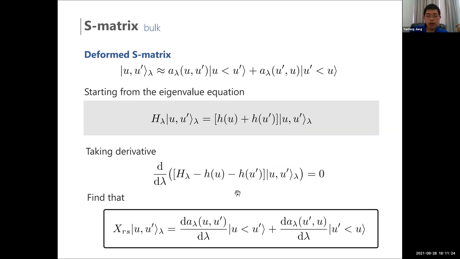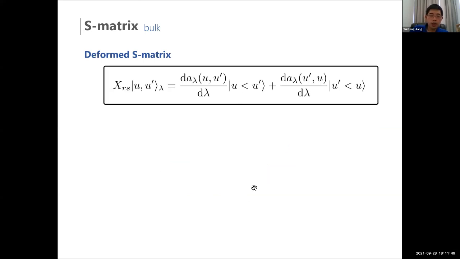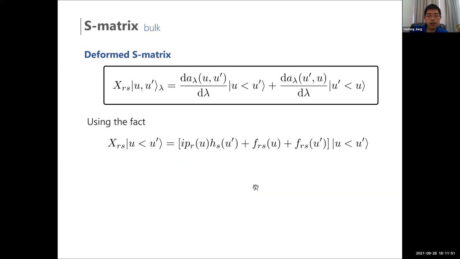Then by some simple algebra, you find the following equation. On the right-hand side, because this derivative will hit A lambda, you have a derivative of A lambda with respect to lambda. So the idea is that we can work out the left-hand side, and then this will give us a differential equation for A lambda, which we can solve very easily. So this is our goal.